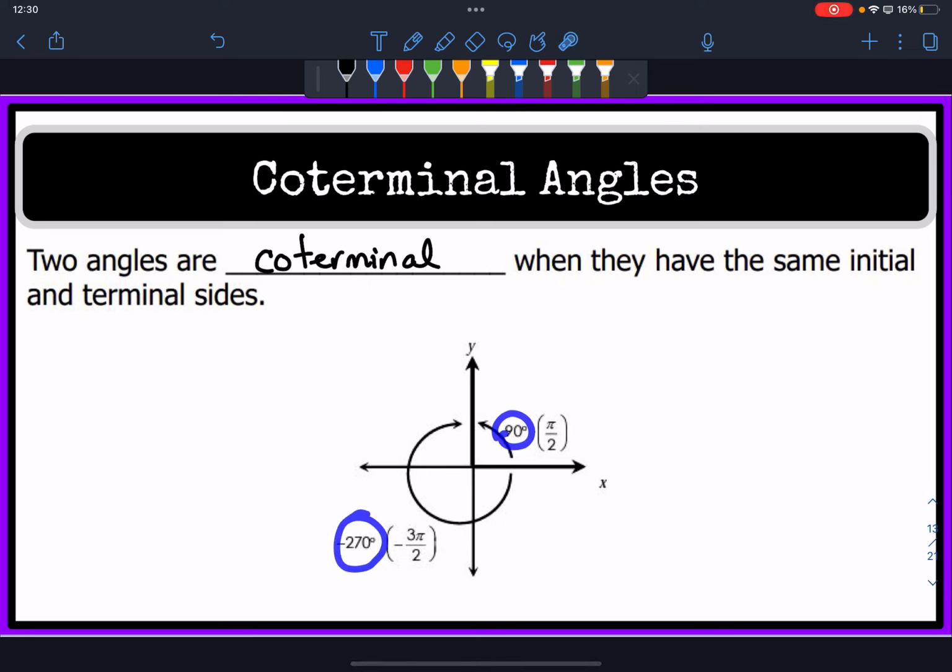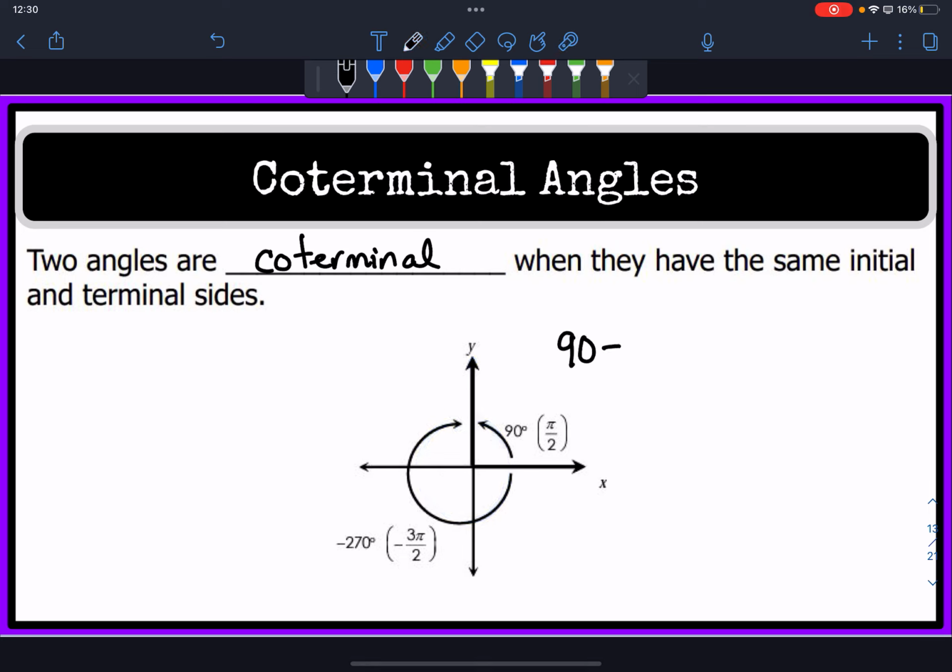Those are coterminal angles. To find coterminal angles, all you need to do is simply rotate from where you ended in the opposite direction. So to find the coterminal angle of 90, since 90 ended right here, we're going to rotate 360 degrees in the opposite direction from where we ended up here.